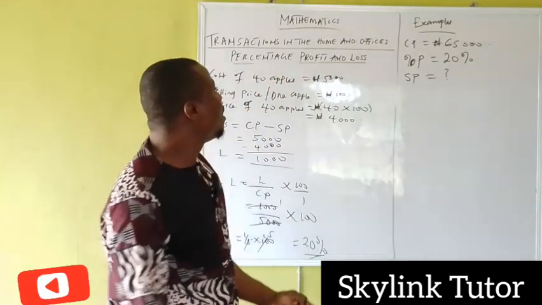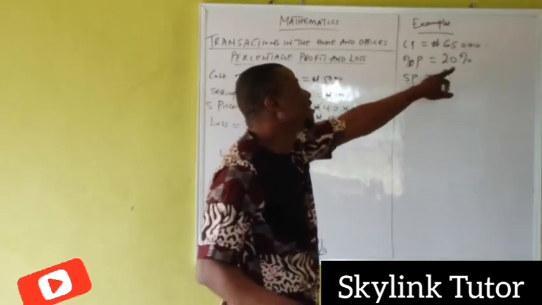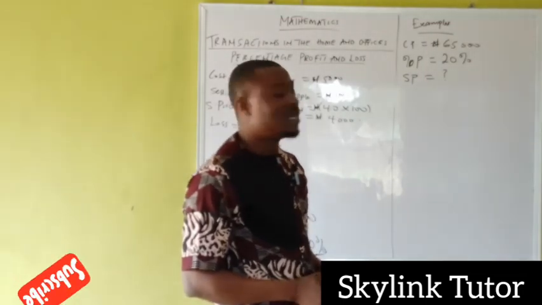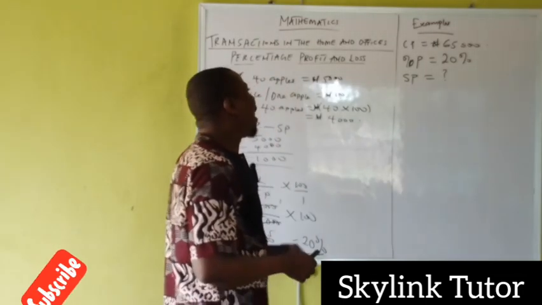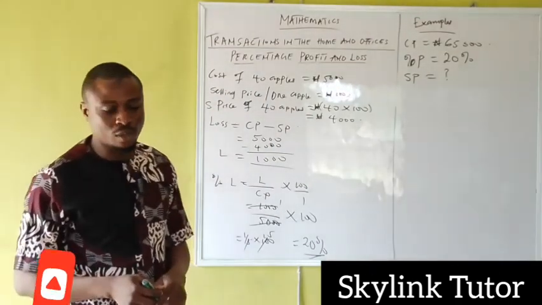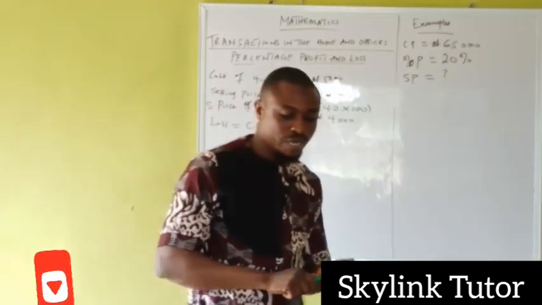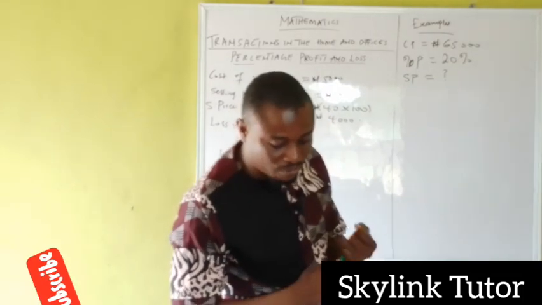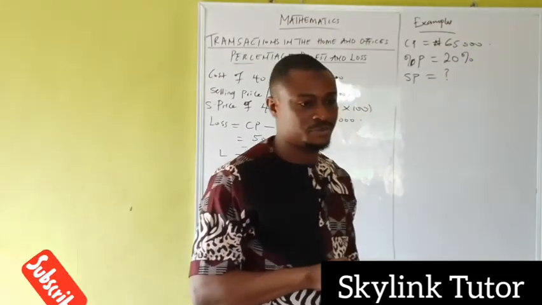Don't forget, they told us that the profit percent is 20. So our profit percent is 20. That means we need to get the value for the profit.